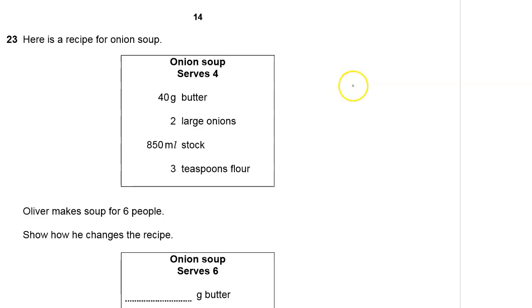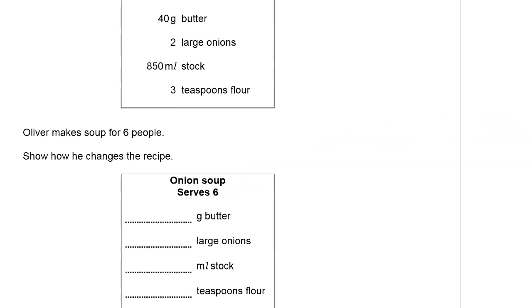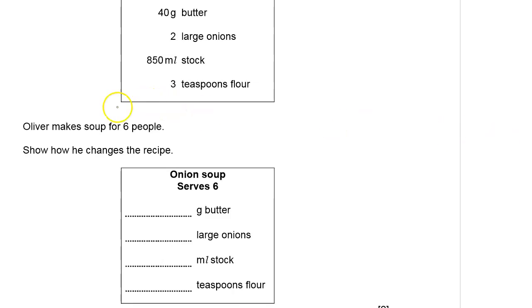Question number 23. Here is a recipe for onion soup. Onion soup serves 4 people: 40 grams of butter, 2 large onions, 850 milliliters stock, and 3 teaspoons flour. Oliver makes soup for 6 people. Show how he changes the recipe.